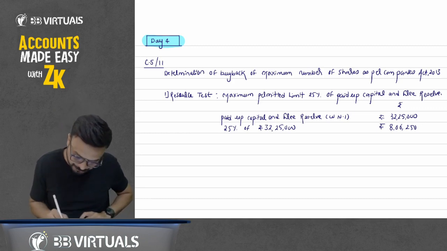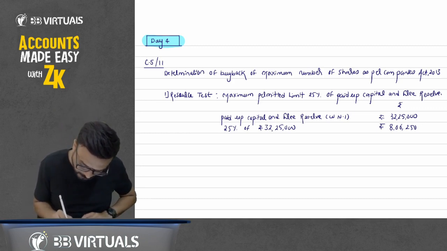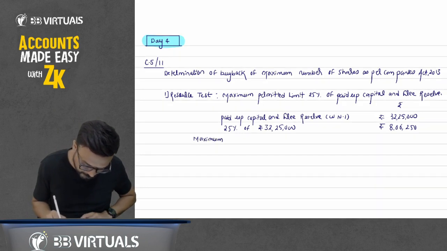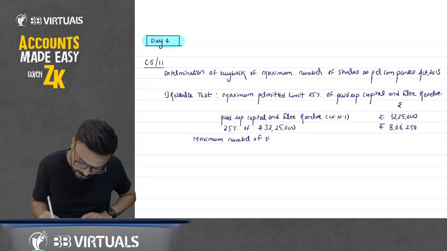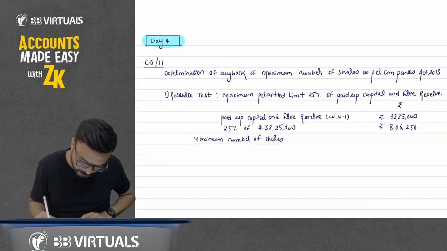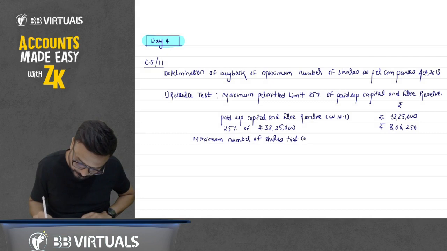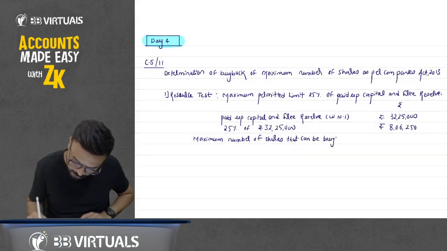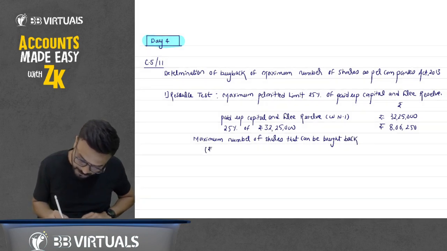So write down here maximum number of shares that can be bought back is rupees 8,06,250 divided by rupees 20.